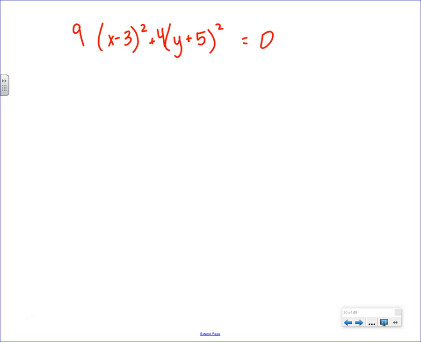Remember degenerates? It could be a point, it could be a line, it could be intersecting lines, or it could just be impossible. How could we have figured it out? What if we had subtracted?